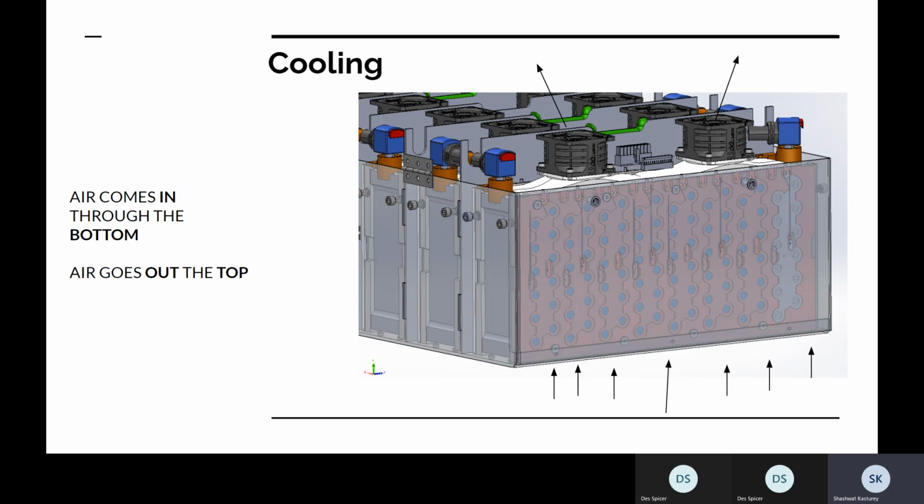Honestly, there's so much overhead with the velocity we're cooling at that it could possibly be okay. But for now and for all time, please understand that air comes into the bottom and is thrown at the top.